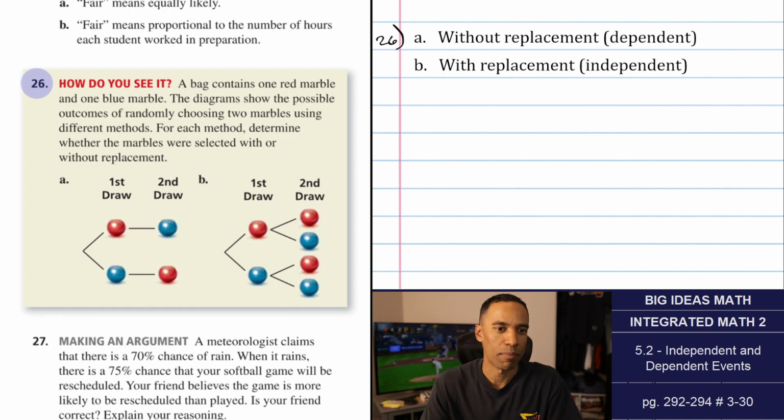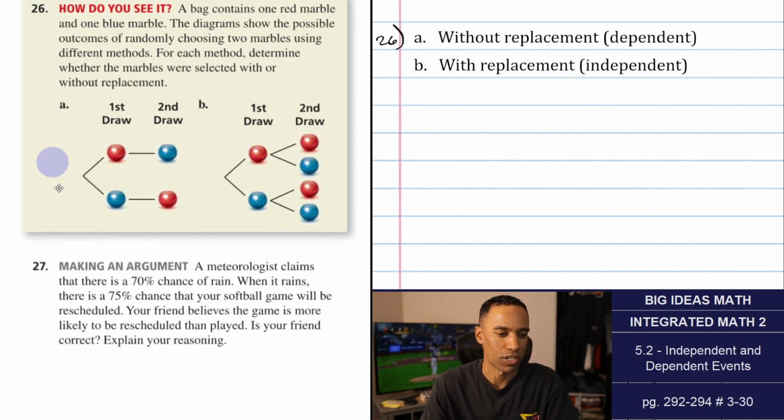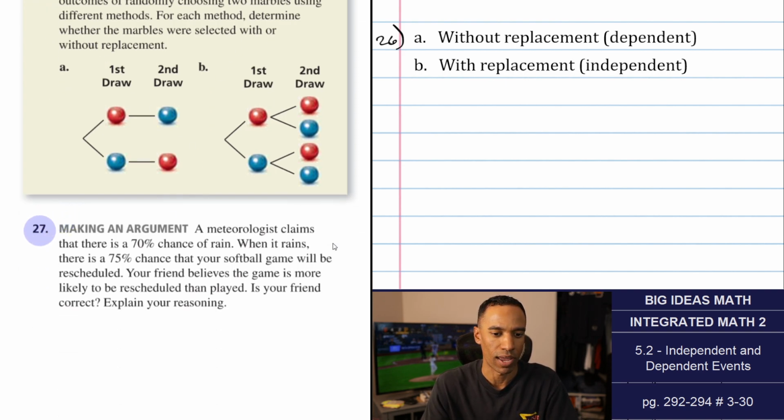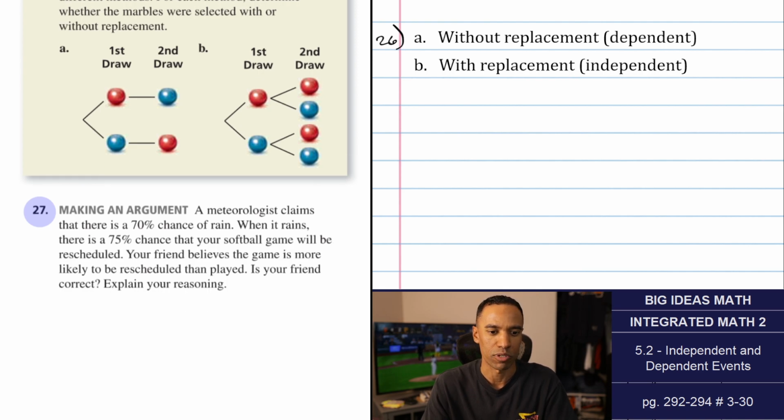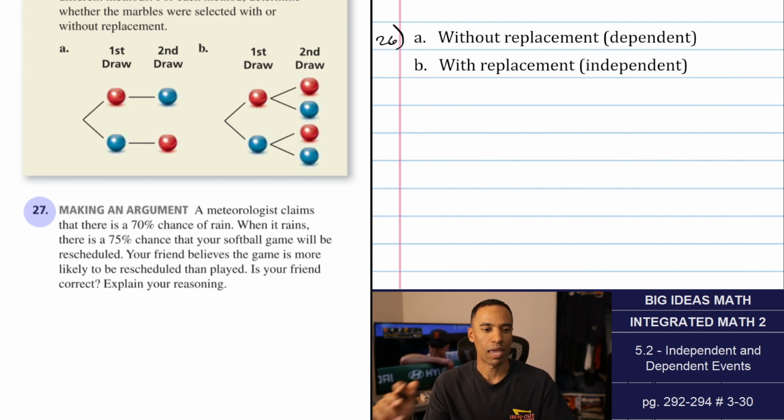All right, number 27, making an argument. A meteorologist claims there's a 70% chance of rain. When it rains, there's a 75% chance your softball game will be rescheduled. Your friend believes the game is more likely to be rescheduled than played. Is your friend correct? Explain your reasoning. Okay.